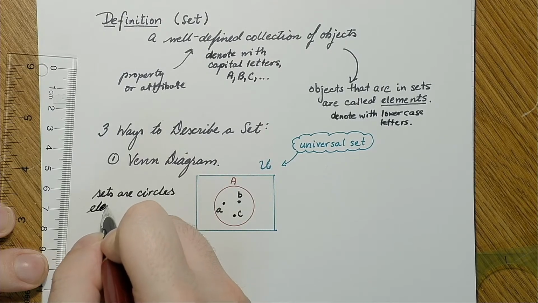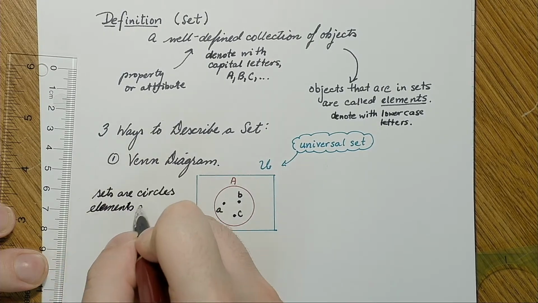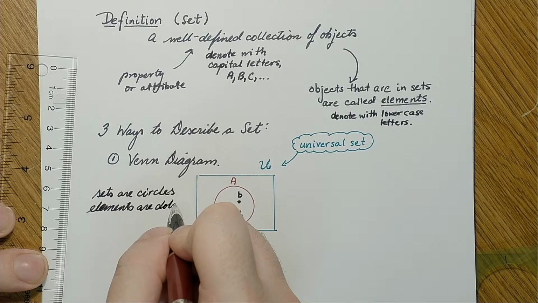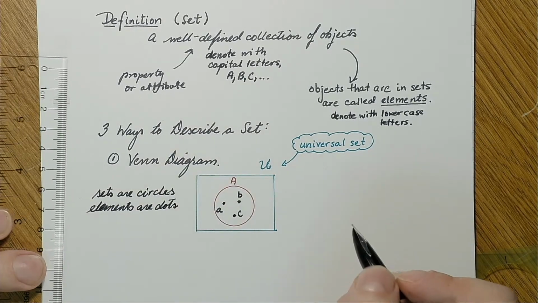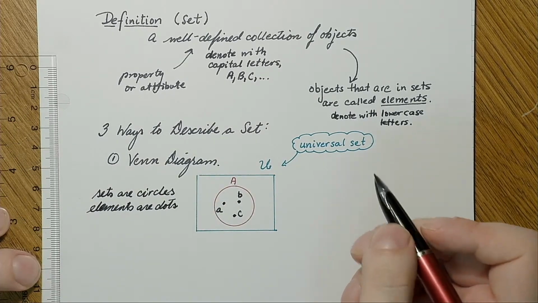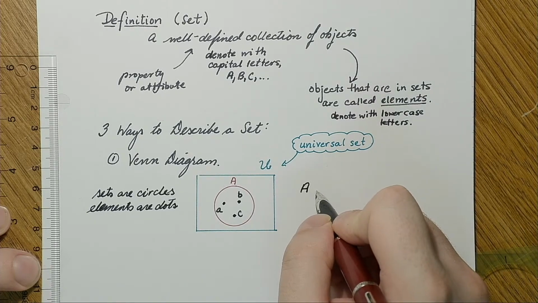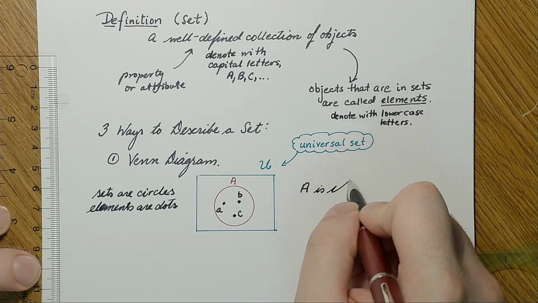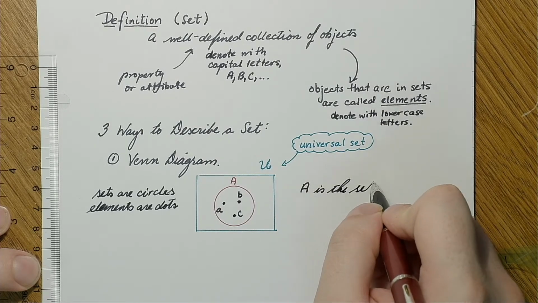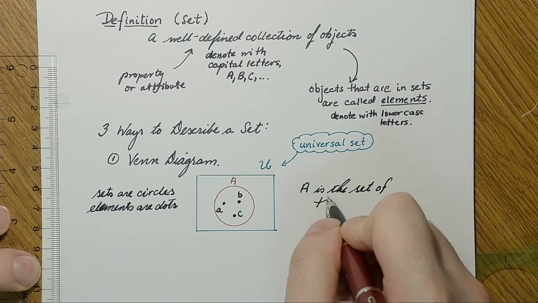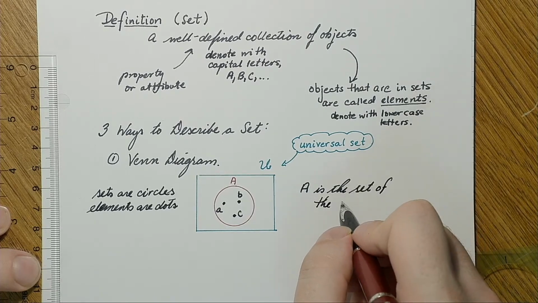Elements are dots. And so what you could say is that A is the set of the first 3 letters of the alphabet.